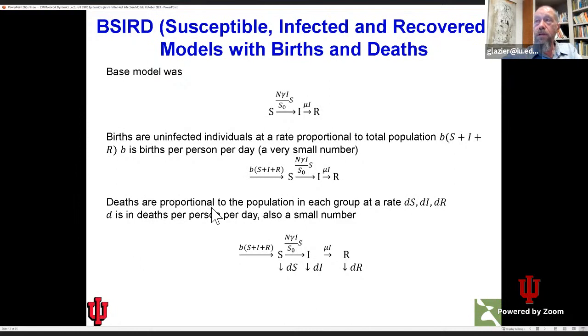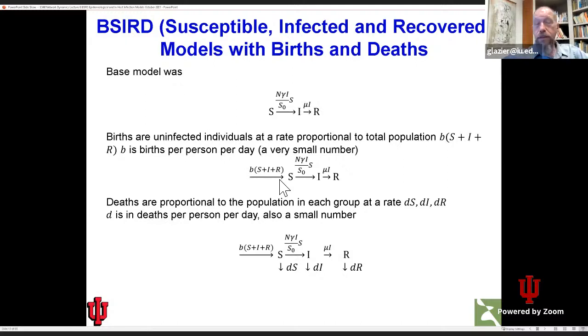And so we started out with an SIR model. And what we did just now was add an E phase between S and I and a quarantine phase between I and R. Now we're going to add a birth phase. So we're going to have new births coming into our population.